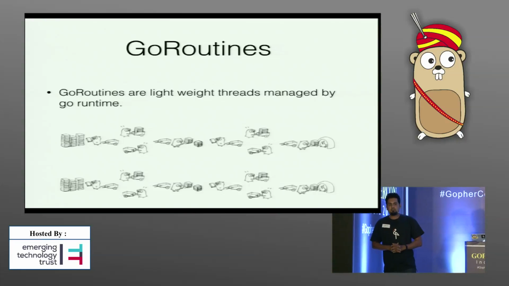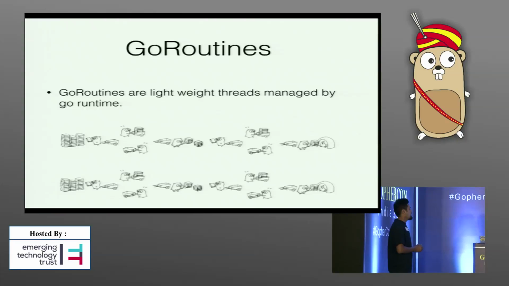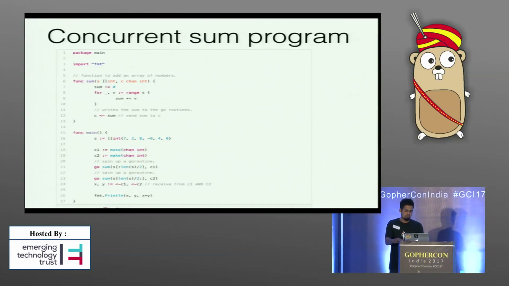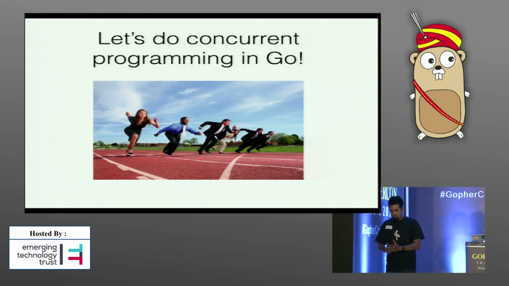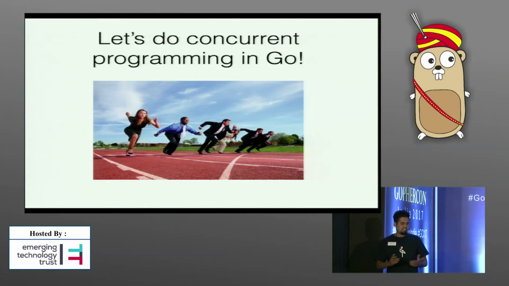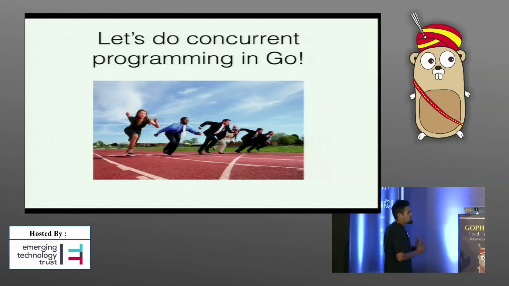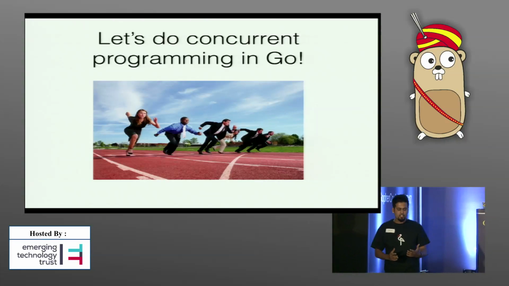Threads are fundamental building blocks of parallel or concurrent programming in general. That's cool. Again, to sum it up, Go makes concurrent programming easy. That sounds good. Let's begin concurrent programming in Go. But what do you need to watch out for when you begin writing concurrent software in Go?